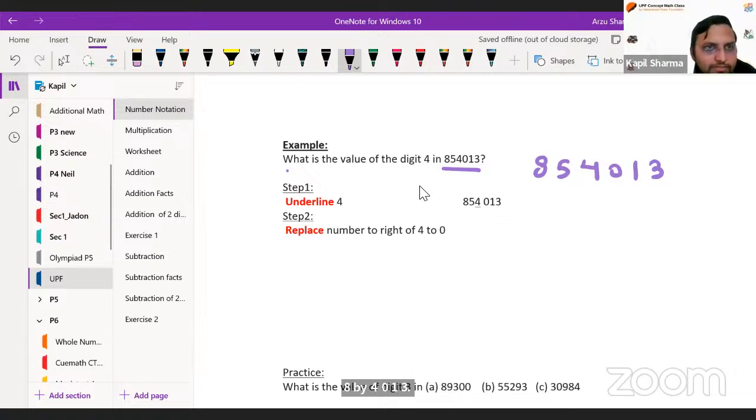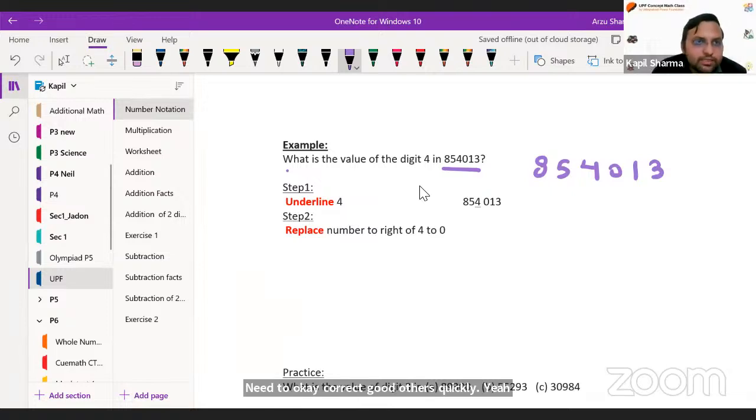Okay, Neetu, correct. Good. Others quickly, respond in the chat box. Okay, Prachi, finally you responded. Sujal, fine.